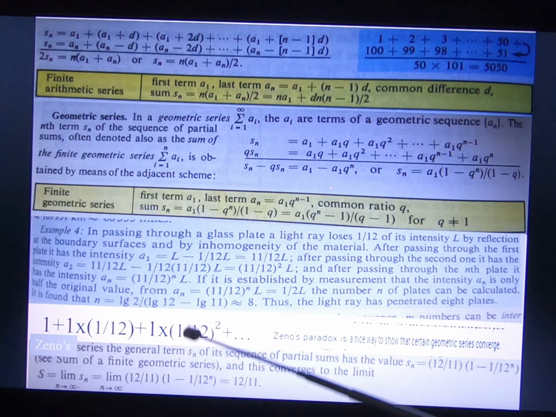Zeno's paradox is not really a paradox, it's just a way of doing the geometric series.